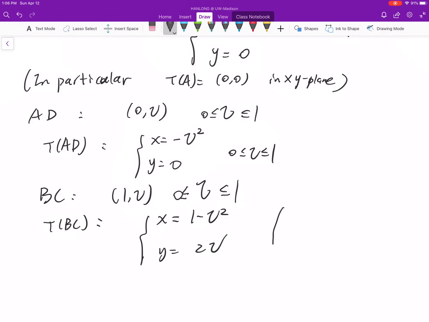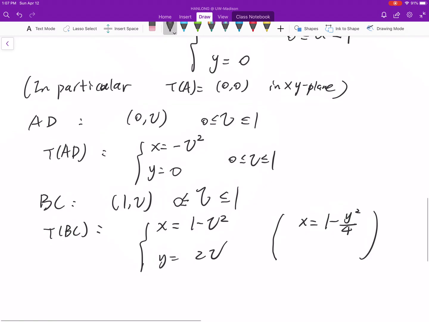If you eliminate v, you get the following quadratic equation: x is 1 minus y squared divided by 4.